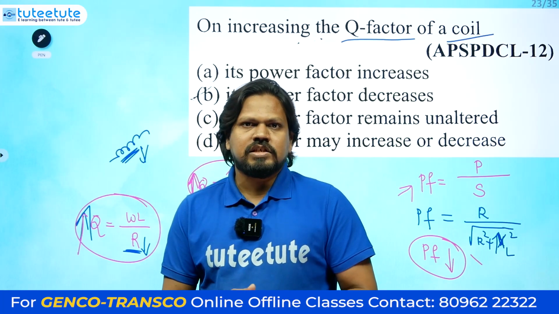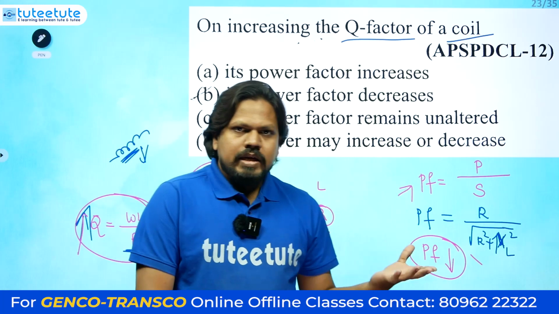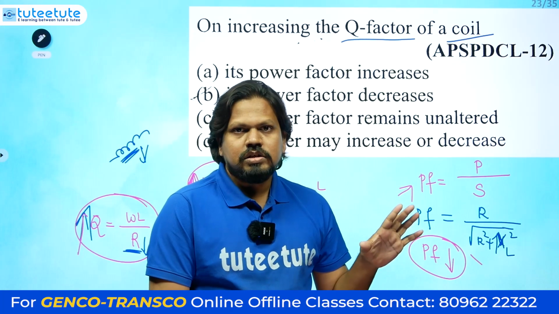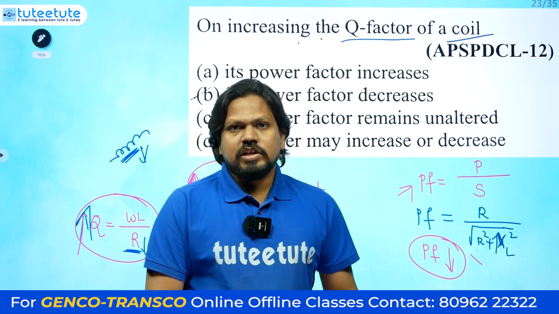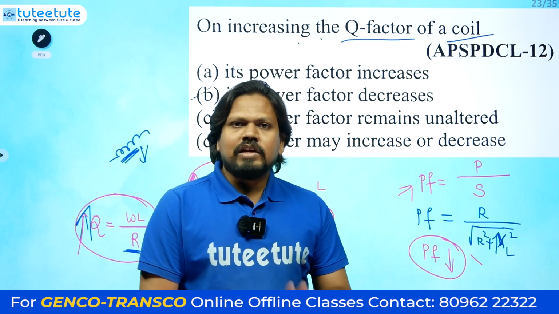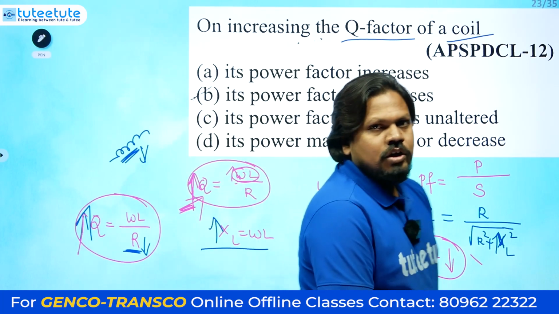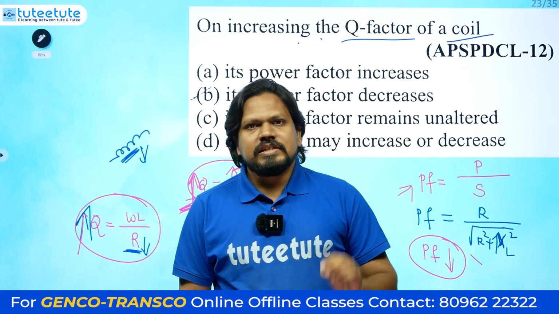That's a direct consideration, no need of all this analysis. Q factor is high, that means it's designed for storing high energy. It's not for the dissipation of energy, so the resistance value must be less. So like that we have to confirm. When resistance is less, active power consumption is less. It is designed to store, not for energy dissipation.